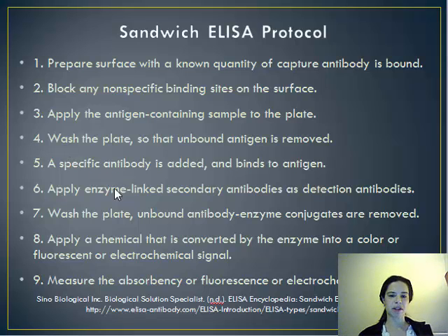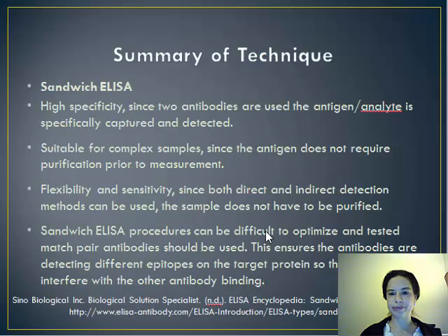Then you add your specific antibody, which will bind to your antigen. You apply your enzyme-linked secondary antibody as your detector antibody. You wash the plate to remove any unbound antibody enzyme conjugates, and then you apply a chemical that will convert it to a form for detection.